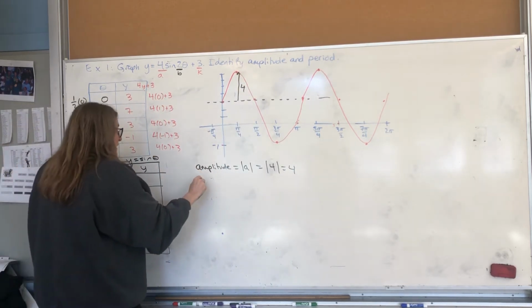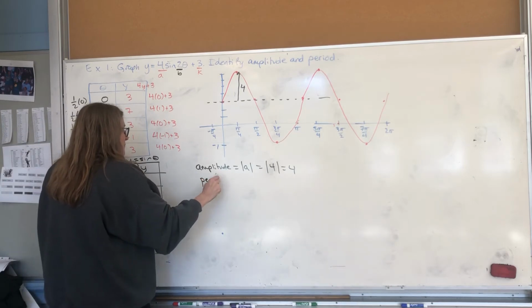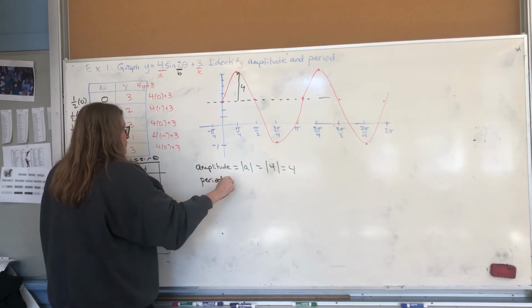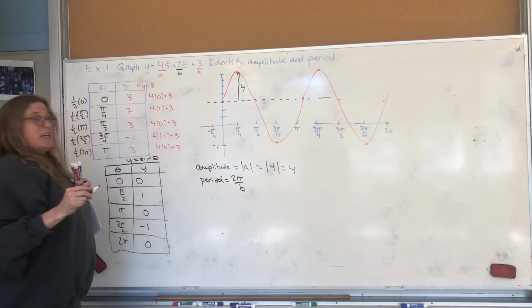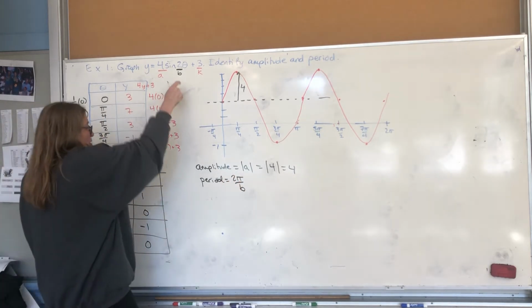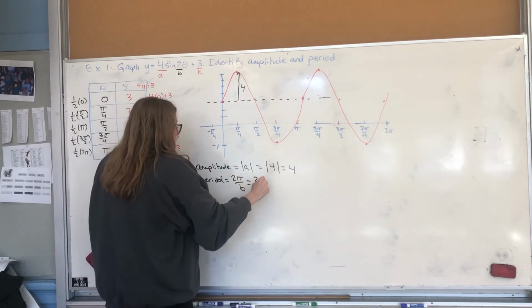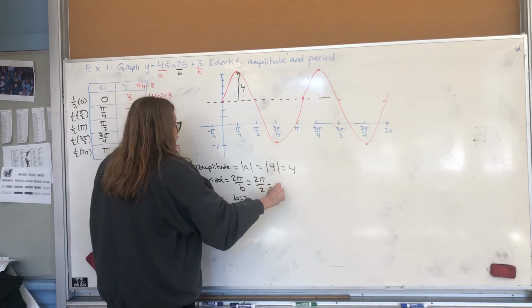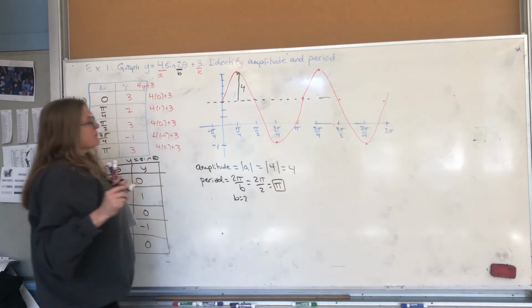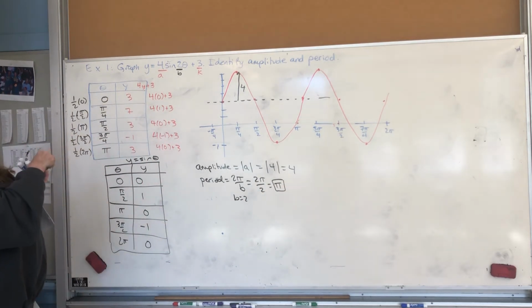My period is equal to 2 pi over B. Well, what's B, guys? B is 2. I can see it in the equation. 2 pi over 2, which is pi. So that's my first example.